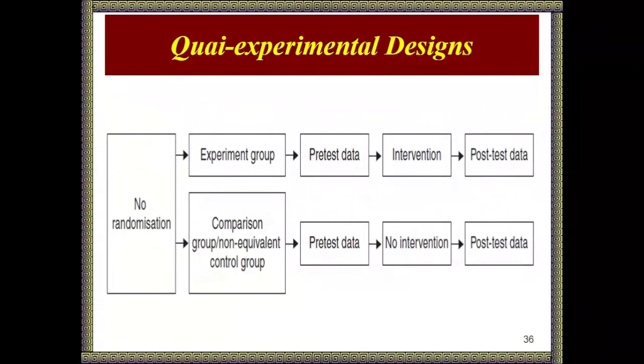Okay, so here there is no randomization. There will be the experimental group and there will be a control group. Pre-test data, intervention, post-test data, and no intervention. Only here randomization is missing. Otherwise, everything is there like a true experiment.